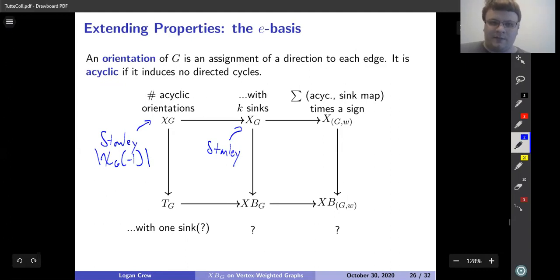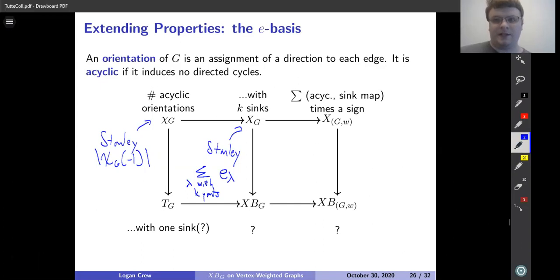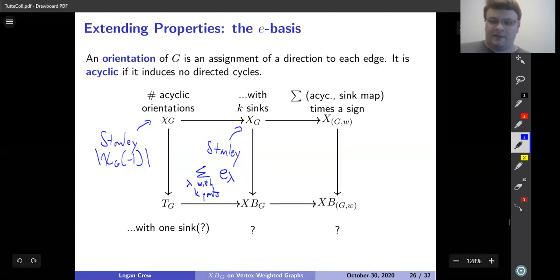So what this ends up being is in the E basis, you get the sum over all integer partitions with exactly k parts of the E coefficient corresponding to that. So for a graph with 5 vertices, you can tell how many acyclic orientations have 3 sinks by summing E311 and E221, the 2 partitions of 5 with exactly 3 parts. And then sum those coefficients.